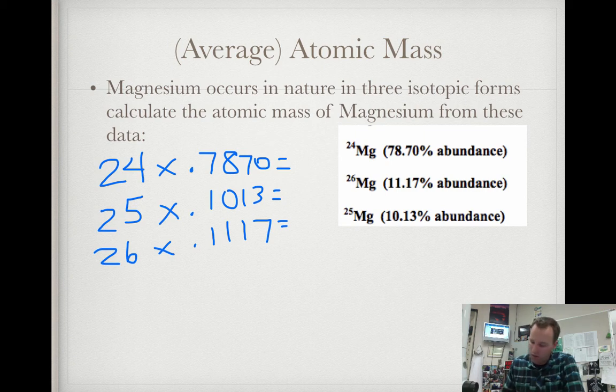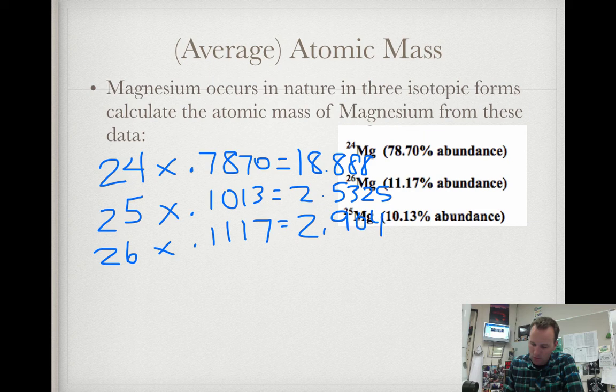So 24 times 0.7870 gives us 18.888. 25 times 0.1013 gives us 2.5325. And notice I'm not rounding. And 26 times 0.1117 gives us 2.9042.